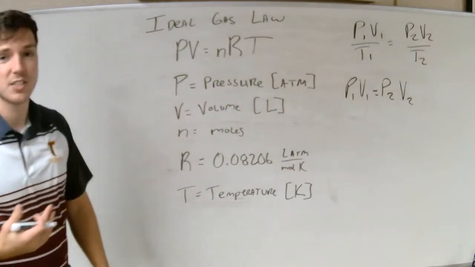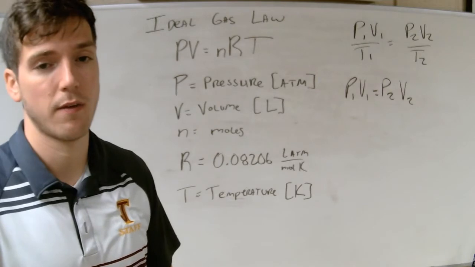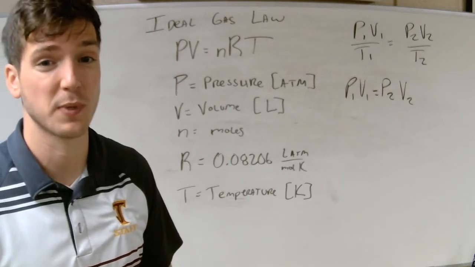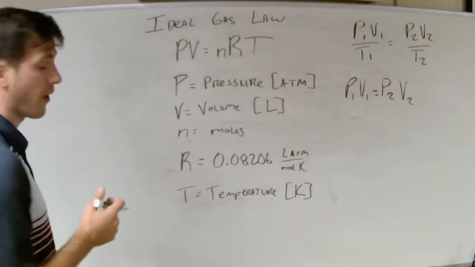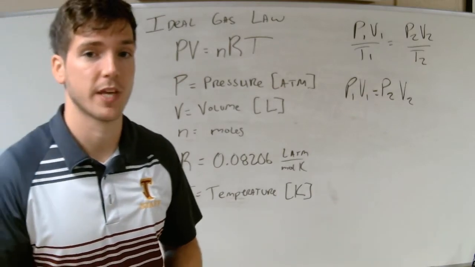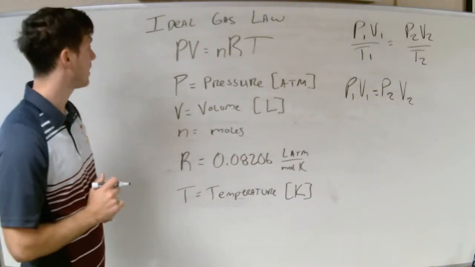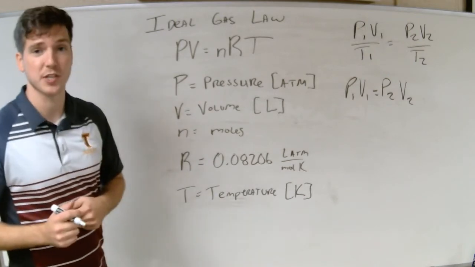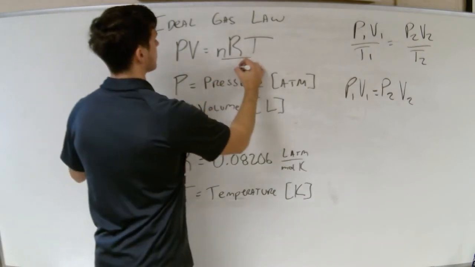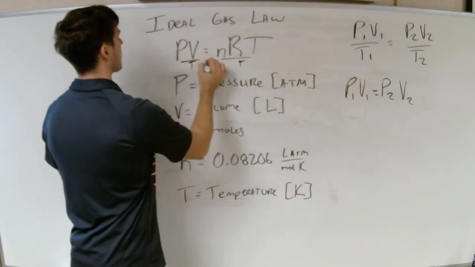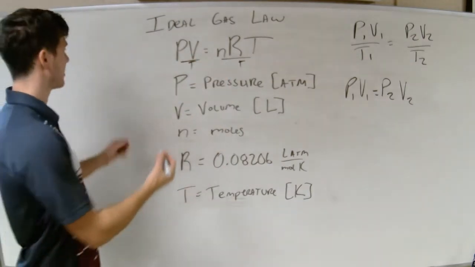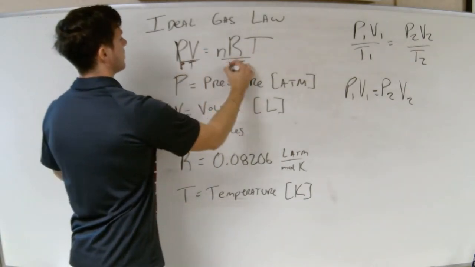Say we wanted to do an equation where we're just relating, let's go with volume and temperature. How would we get volume and temperature by itself? Well, to get volume and temperature together, I'd have to divide by T. To get rid of pressure, I just divide by P as well.